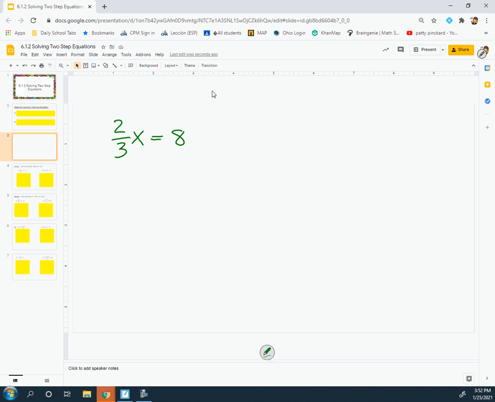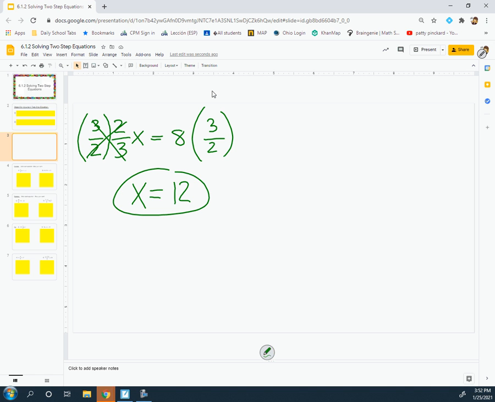Well, when you divide fractions, we do keep, change, flip. So instead of dividing both sides by the fraction, we're going to multiply by the flip of the fraction. These cancel because I get 6 over 6, which is 1. And x equals 8 times 3 is 24, divided by 2 would be 12.